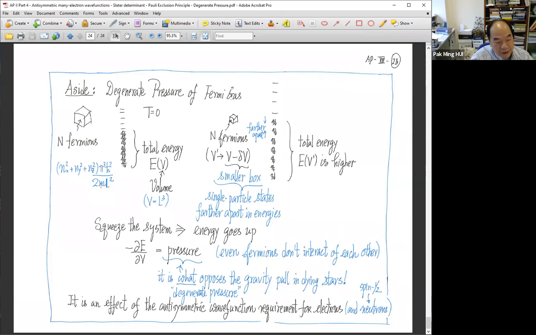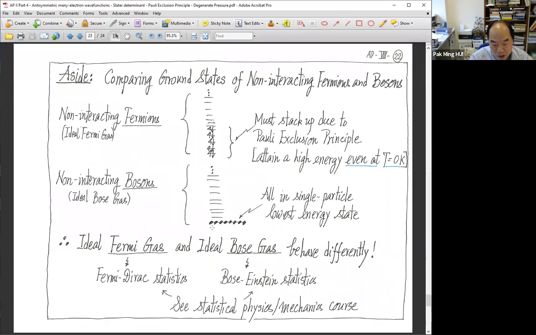So this is a very simple idea. You can easily get it when you understand the Pauli exclusion principle. That is the rule that stems from the antisymmetric requirement of fermions, and that will give the pressure opposing squeezing of a box. Okay, so this effect, if you play with bosons, doesn't work.